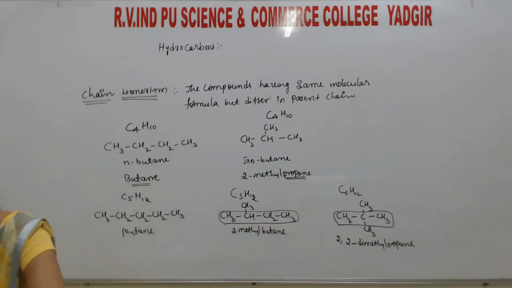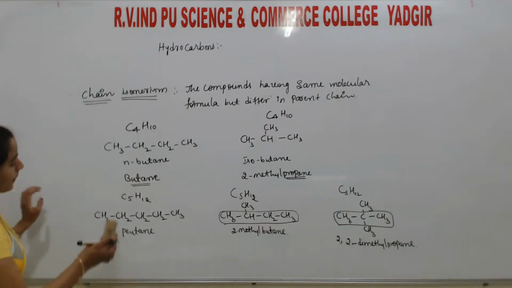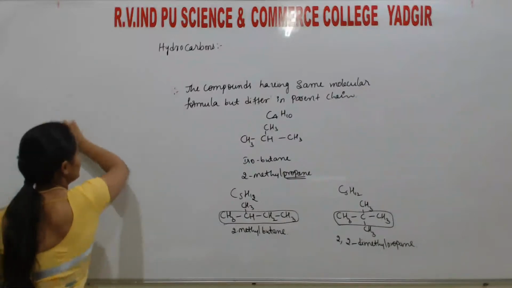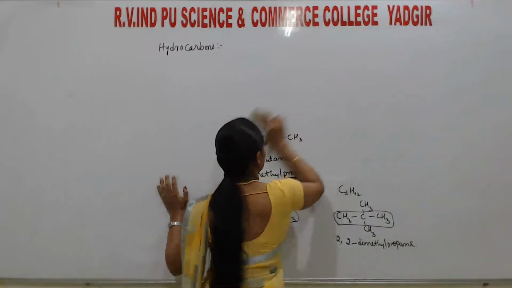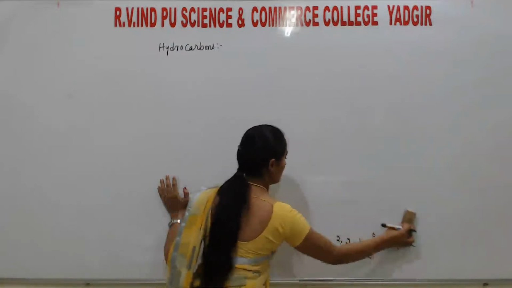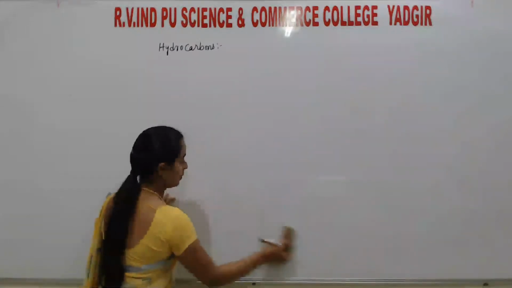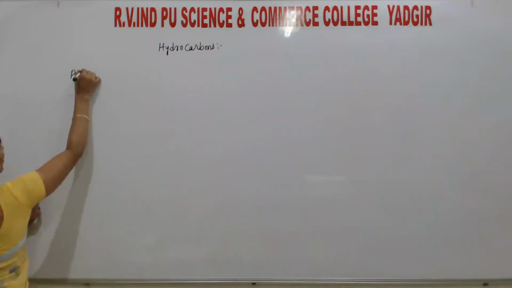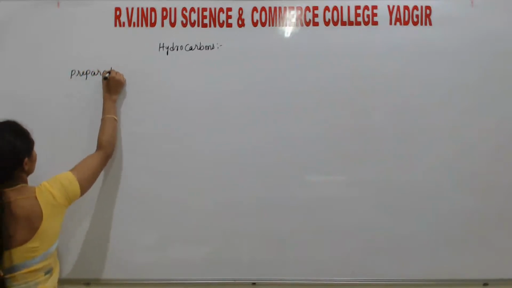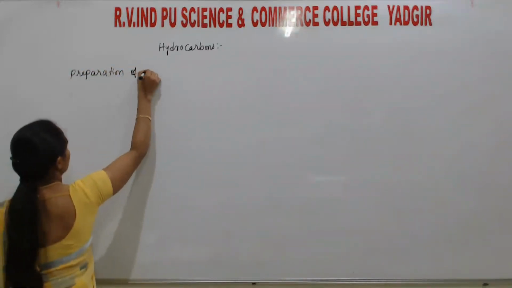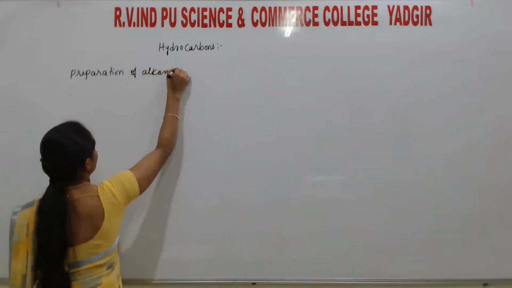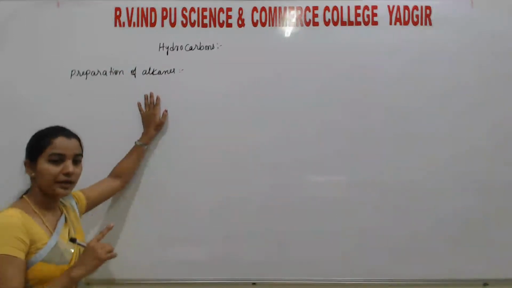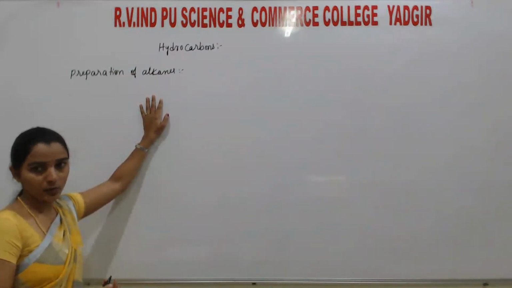So the next one is the preparation methods. Next one is preparation of alkanes. Initially, we will study the preparation of alkanes, later physical properties, later chemical properties.